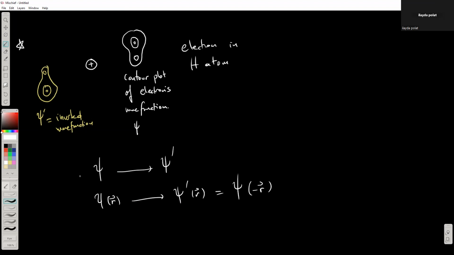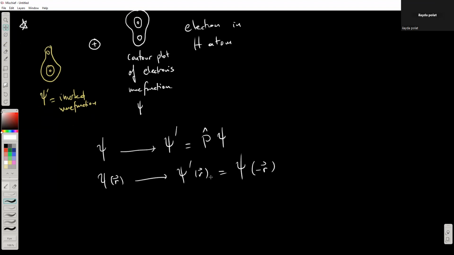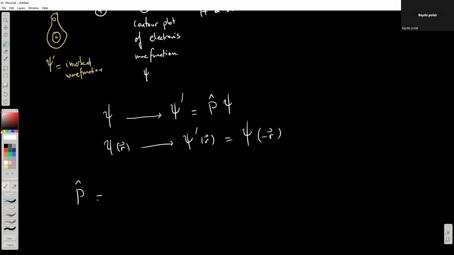In any case, we think that this transformation is done by some kind of linear operator that I'm going to call P. So P in here, you can think of this as the parity operator. Some people call it like that, or the inversion operator.